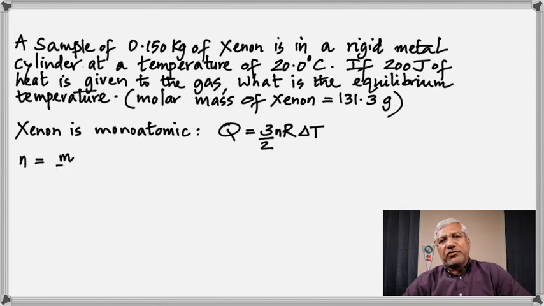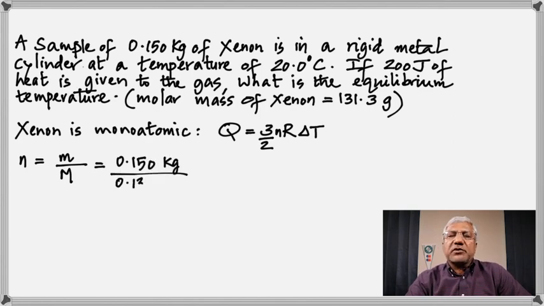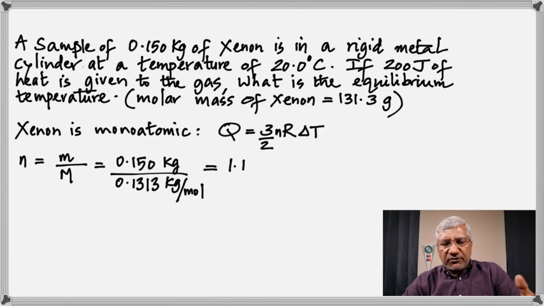Remember that? Because it's monoatomic. That's where we got the 3 from. Second, we got to find the number of moles. How do you find the number of moles? Total mass divided by molar mass, both in kilograms. Total mass divided by molar mass, and I get the number of moles.